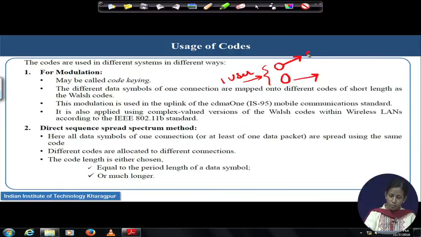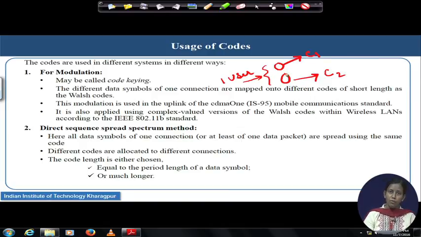This symbol will utilize code 1 and that one will utilize code 2. So for several symbols you have dedicated codes. It is a code modulation, so it is called code keying.